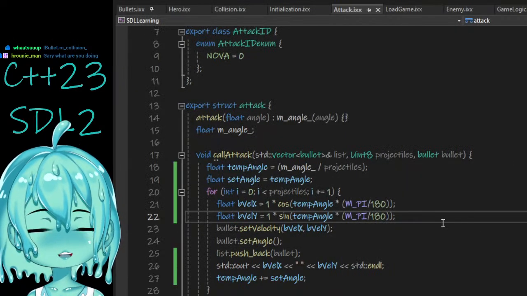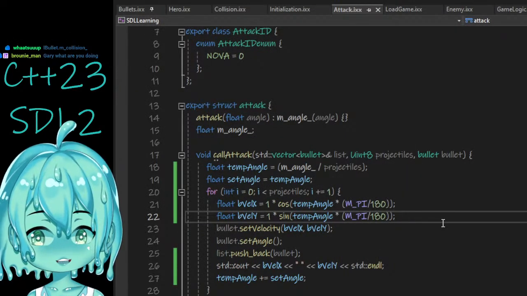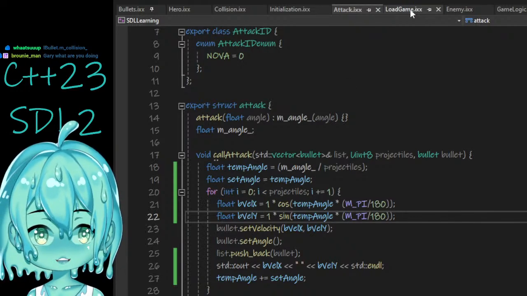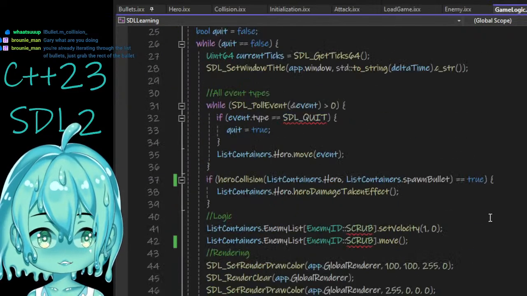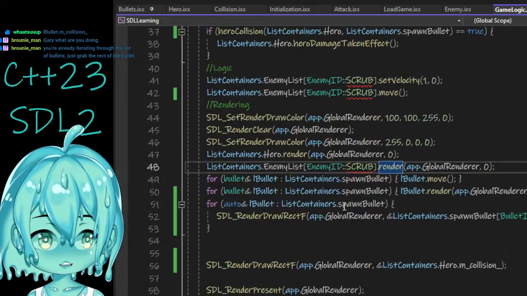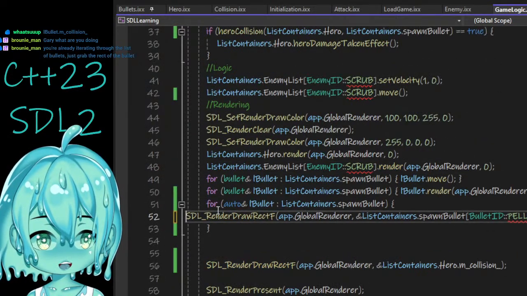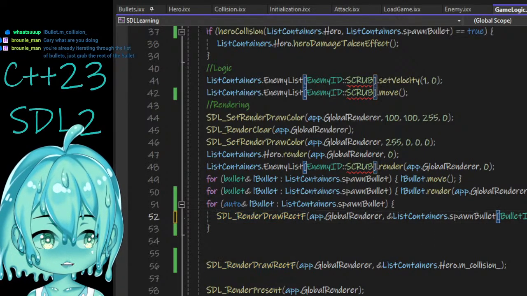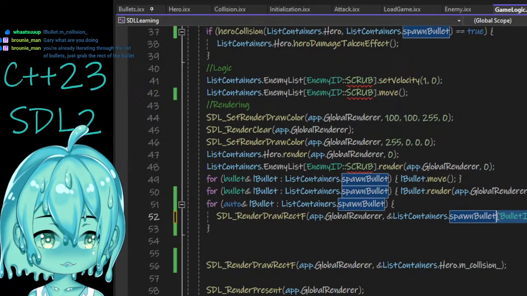Okay. L bullet M collision. Yeah. L bullet M collision. L bullet M collision. Oh, so just get rid of bullet ID?